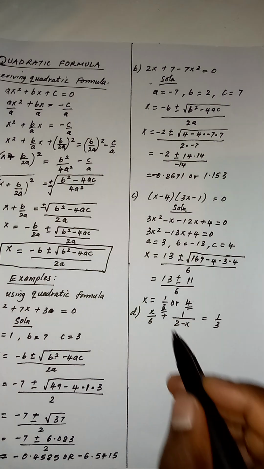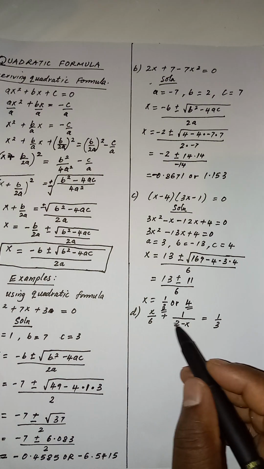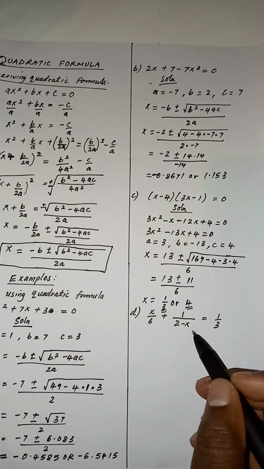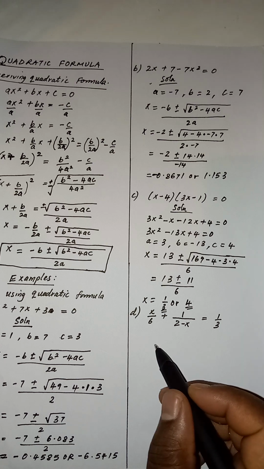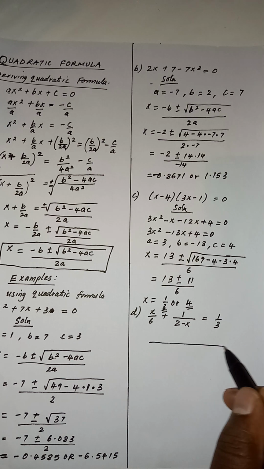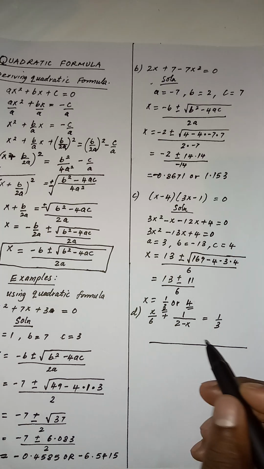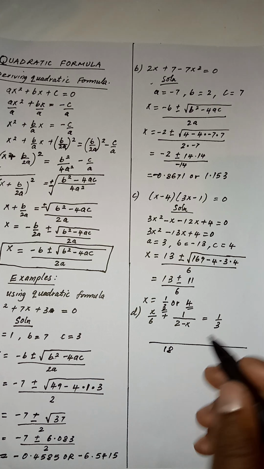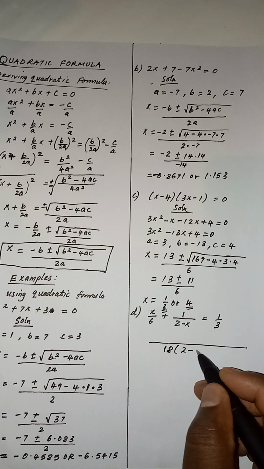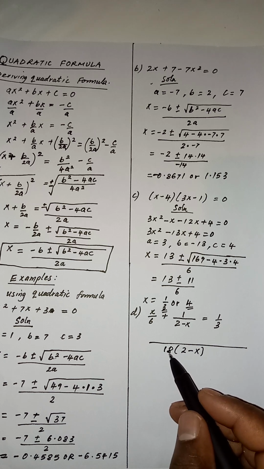Then lastly, we have x over 6 plus 1 over 2 minus x over 3 is equal to 1 over 3. So first of all, you can simplify this by finding the LCM. LCM, we can say it is 18. 6 times 3, 18 into 2 minus x. So 6 goes into 18 3 times.